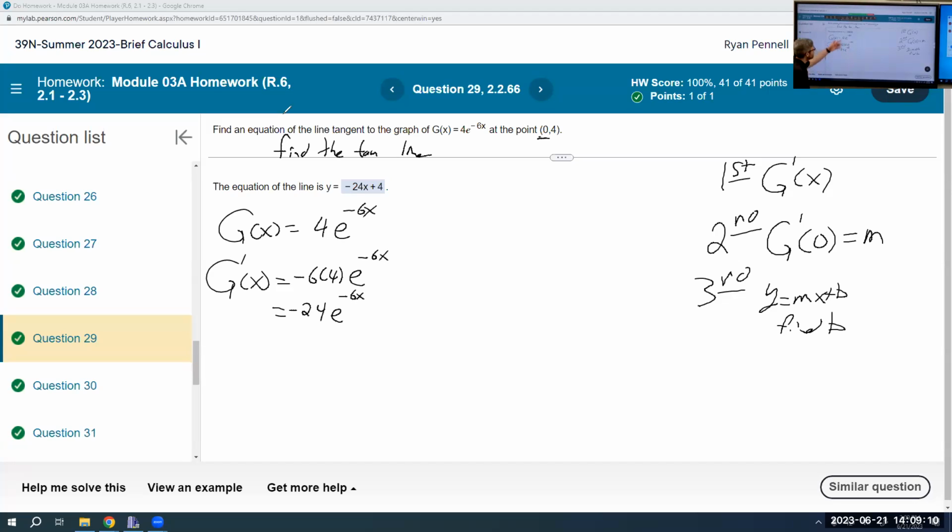Now they want it at the point 0, 4. So I need to evaluate this at x equals 0. If I do that, the e part just goes to 1 because anything to the 0 is just 1. So I think the slope of the tangent line is negative 24.